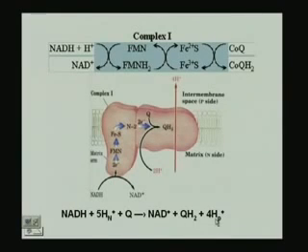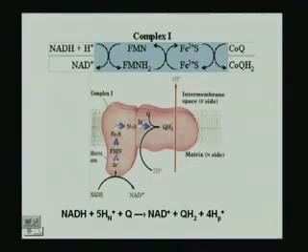So, this is our final reaction for complex 1, and remember, all of these enzymes are going to be dehydrogenases or oxidoreductases. Why? Because all of them are involved in redox reactions. Since all of them are involved in redox reactions, they have to be either dehydrogenases, oxidases, oxidoreductases, whatever. Okay. So, this is complex 1.